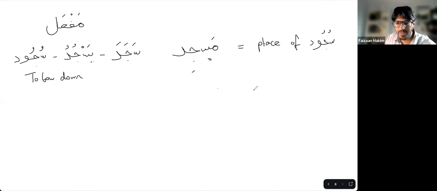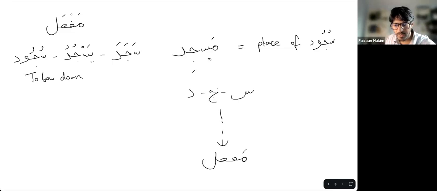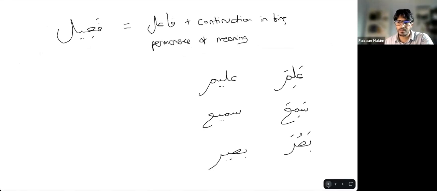Right, the same thing, you have a sajada, this meaning coming into the framework of maf'il. It's pouring itself into this framework and it's creating this meaning of masjid. It's really beautiful.